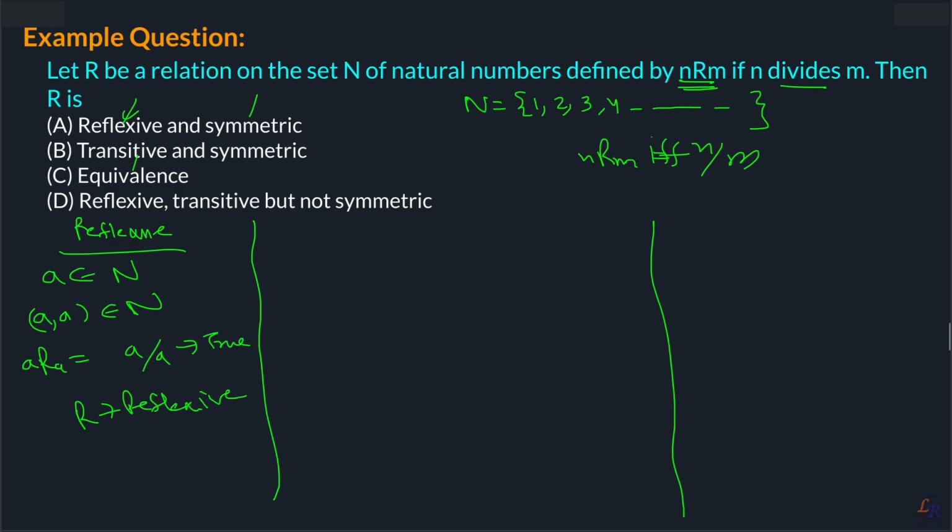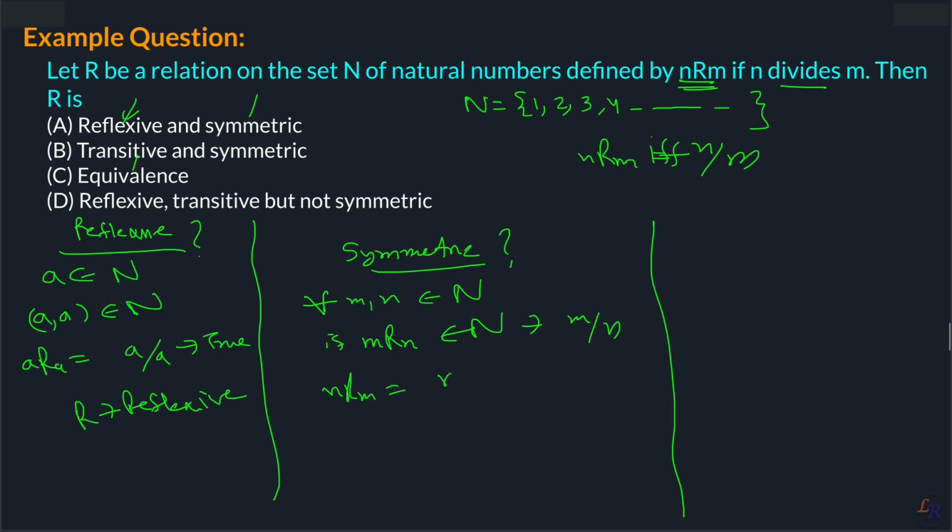Now let's check the symmetry. For symmetry, you have to choose, let's say, for every m, n element of N, if (n, m) is an element of R, meaning n divides m, then check whether (m, n) is in R, meaning m divides n or not.